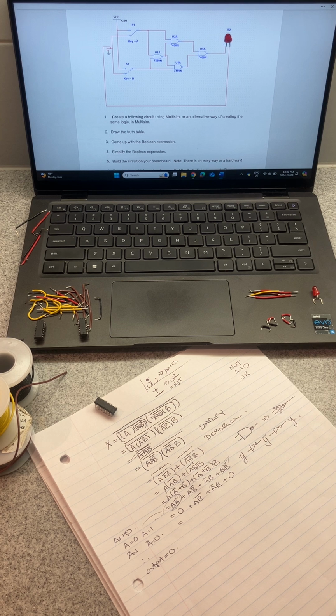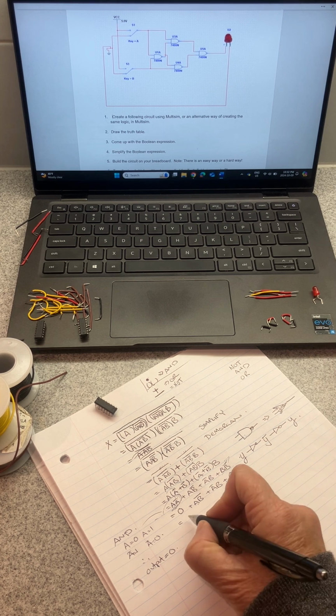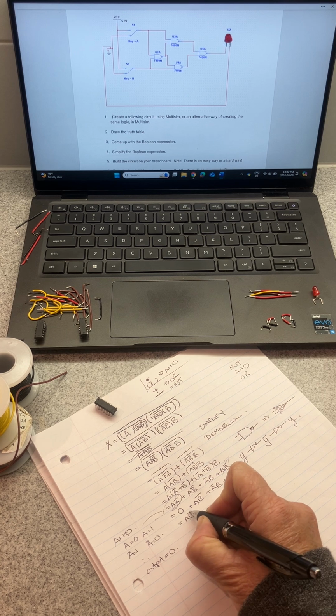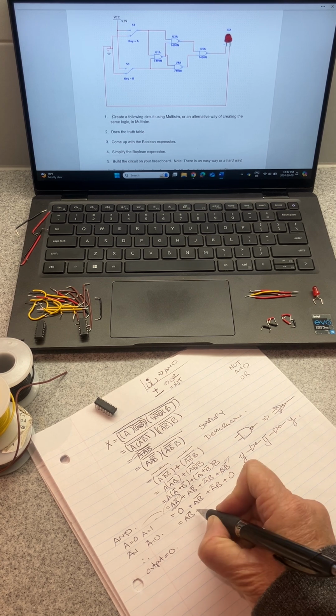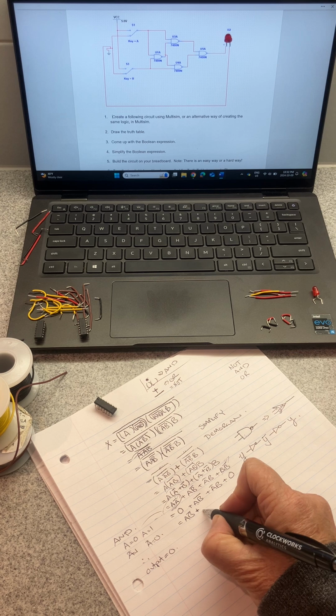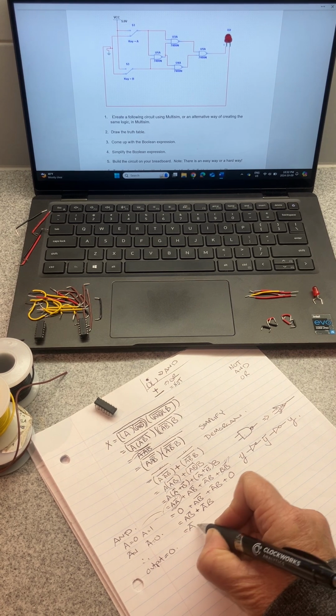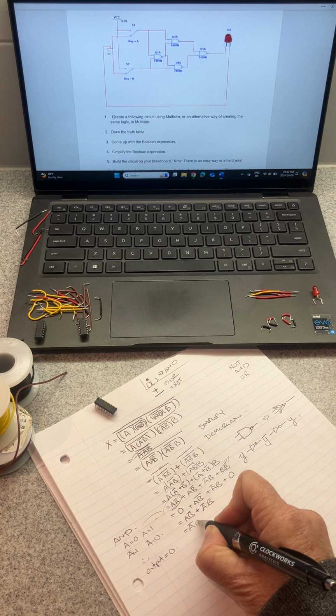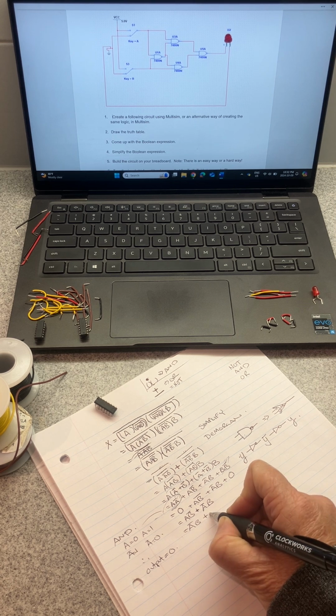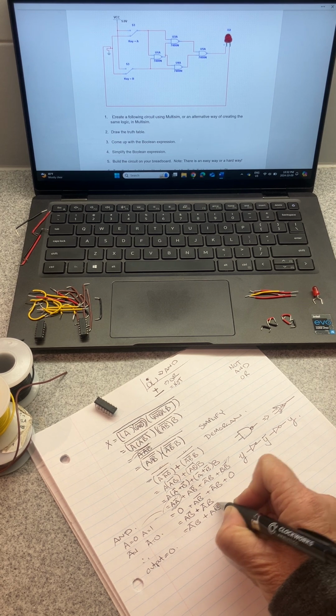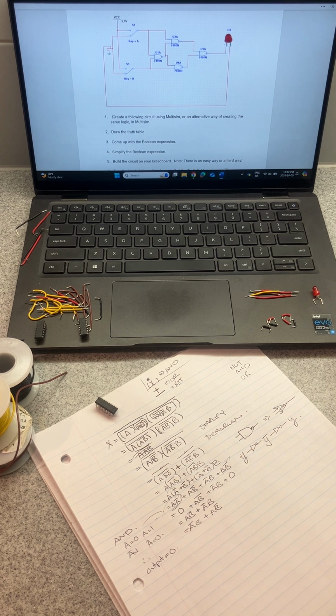If anything is 0, the answer is 0. So 0 OR anything results in the anything. That is another one of our Boolean theorems. So this is what I'm left with, which is traditionally usually written like this, just with the inverted signs on the outside. It's just often written like that.